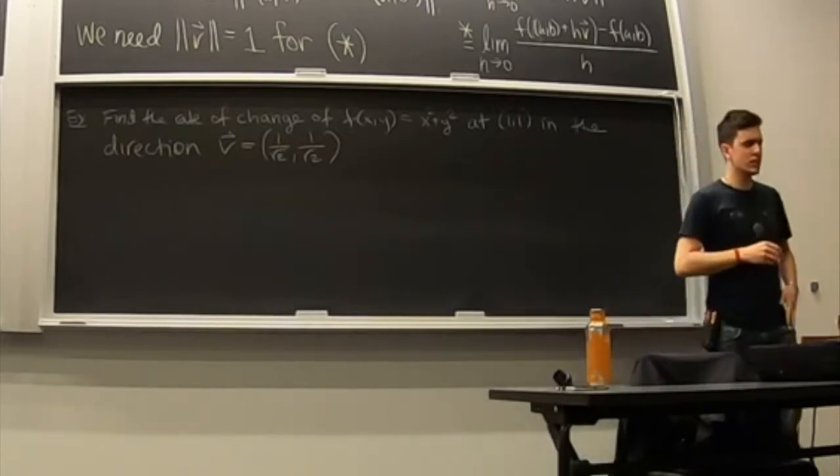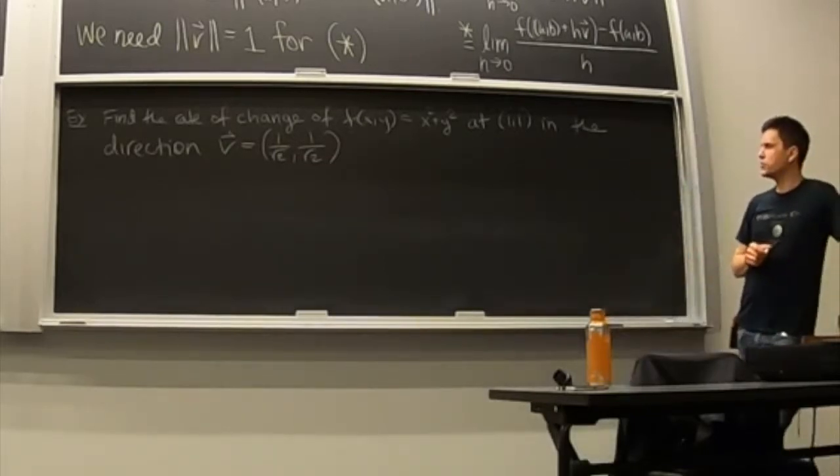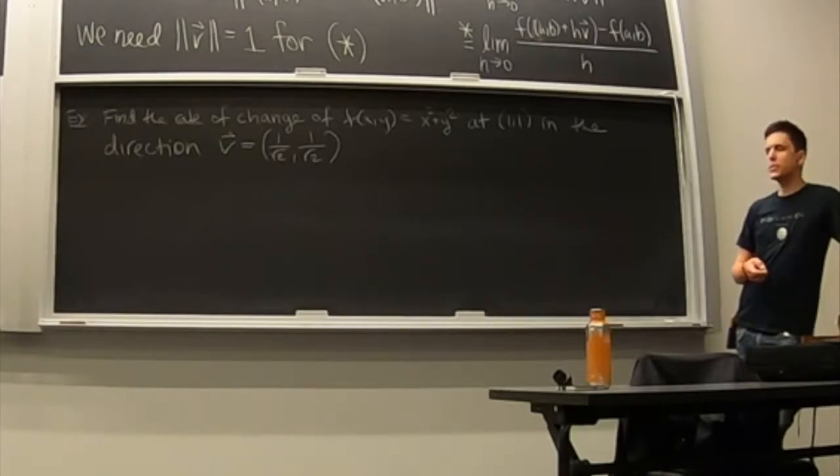We've picked a direction vector of length 1. We've got a function, we've got a point. Now we've got all the material we need to plug in to find our rate of change.